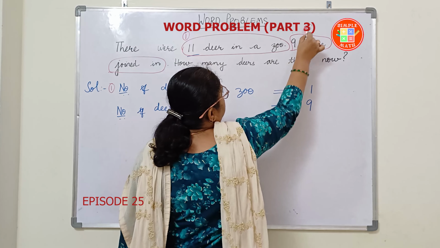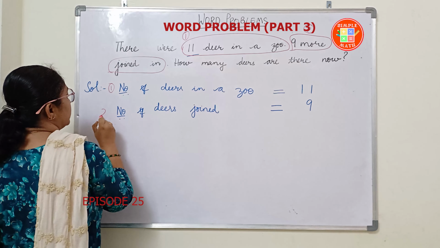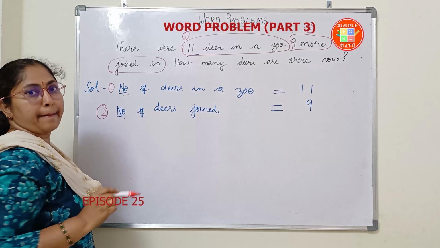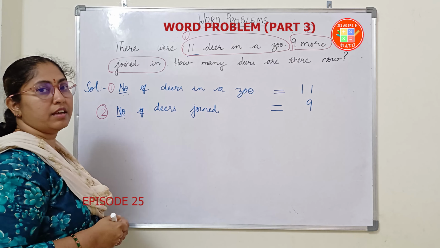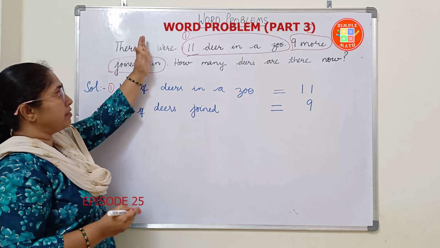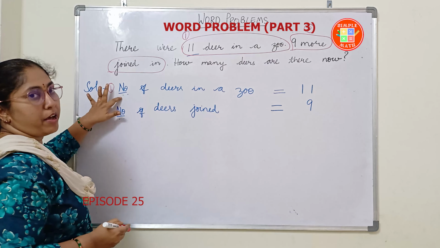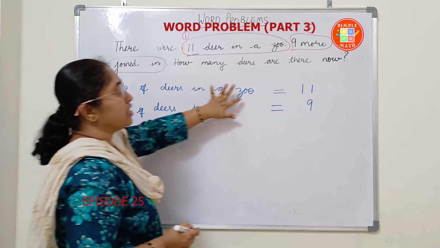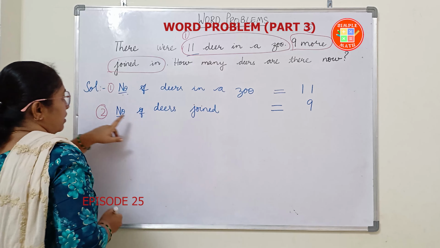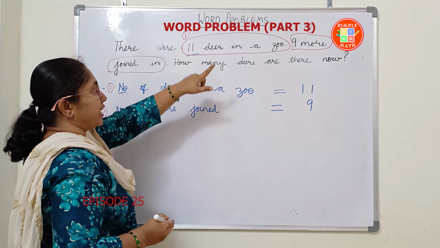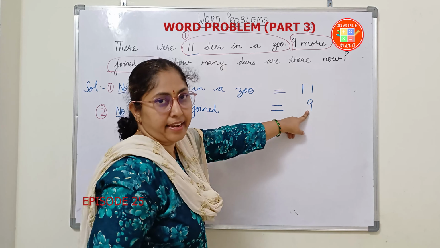This is the second statement. So in this word problem you can mark the first statement and write it as number of deers in a zoo, 11. Number of deers joined, second statement, is 9.